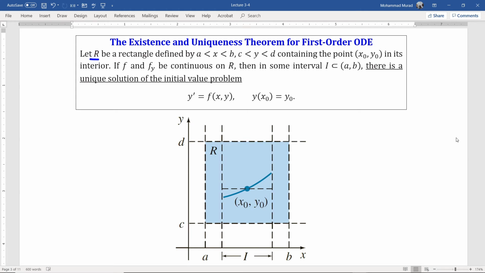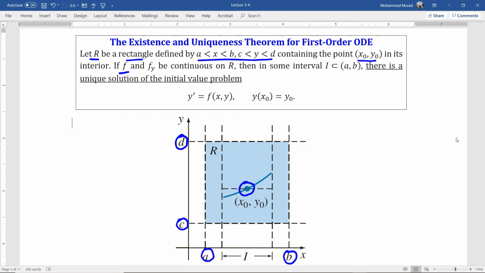Let R be a rectangle defined by these two conditions: x is larger than a and smaller than b, and y is larger than c and smaller than d. So we have a rectangle here without boundaries, containing the point x sub 0, y sub 0, somewhere here in its interior.